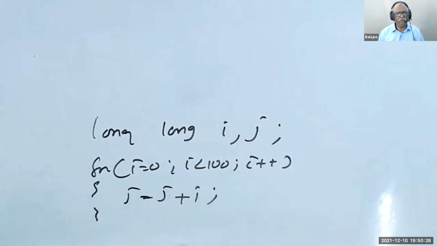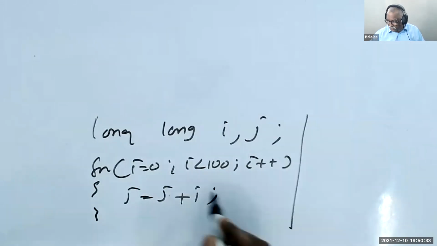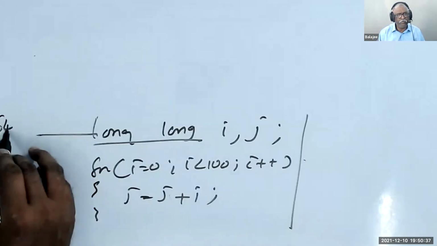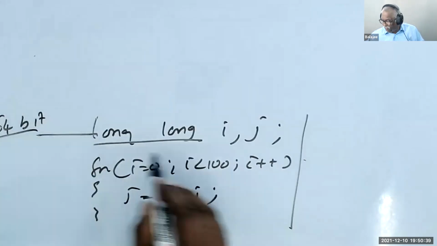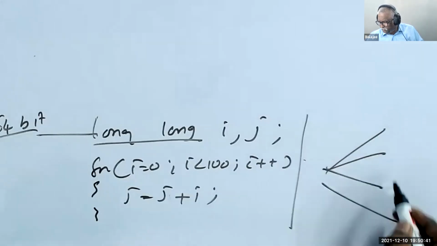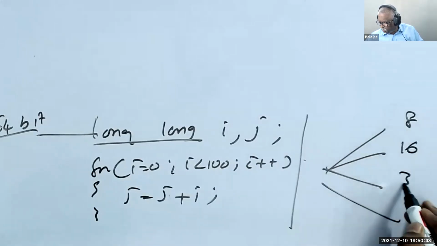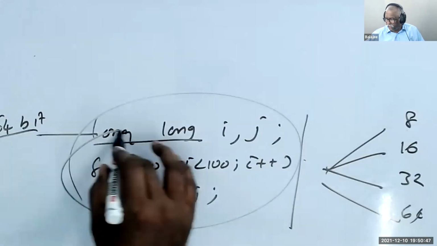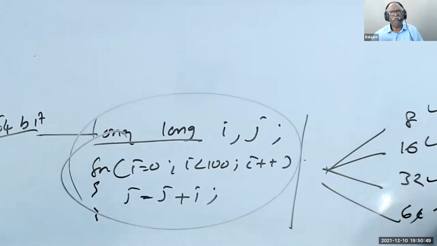Am I right? I write some program. Even though I say long, which is 64-bit, I have a microprocessor with 8-bit, 16-bit, 32-bit, 64-bit. But if I compile it, it will work on all the places. It will work on all the compilers.